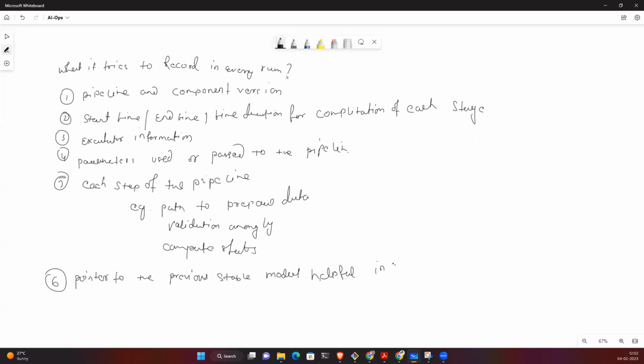Helpful in case of rollback means at any moment of time, if we have to roll back our model to the previous model, then we can do that. Eighth is model evaluation for testing during execution. So whenever any pipeline executes, we are going to store all this information so that we can use it in further pipeline execution. Any question? Are we good?